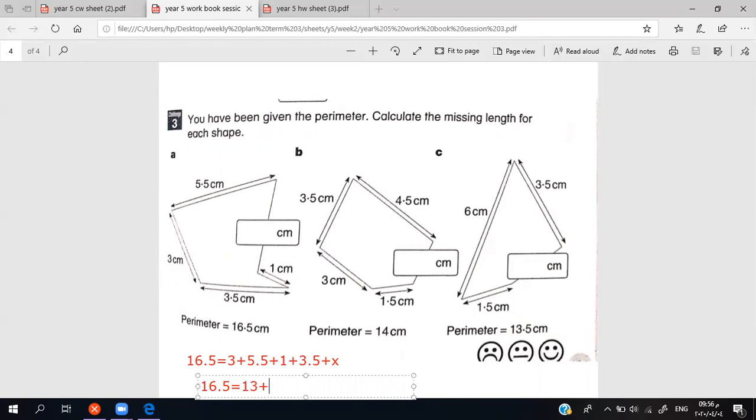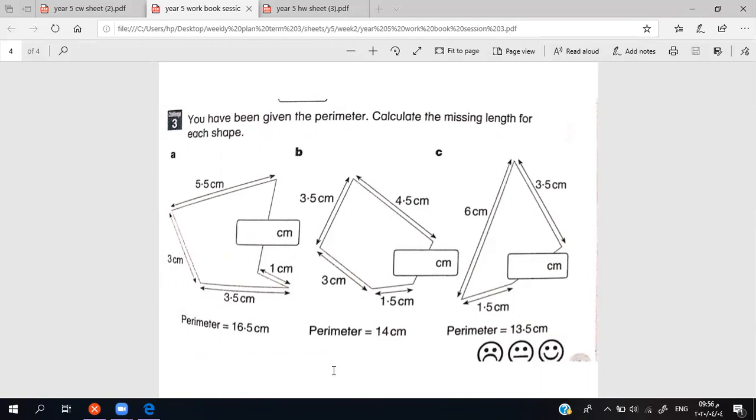And the remaining side that I don't know, for the 13 to become a 16.5, I need to add how many? After 13, 14, 15, 16, and then a half. So I need a 3.5. So I know now that this side is equal to 3.5.